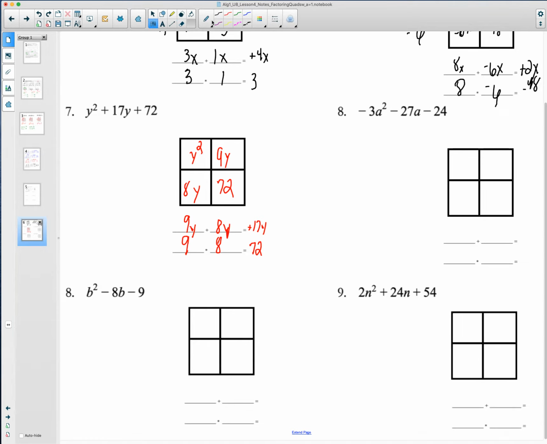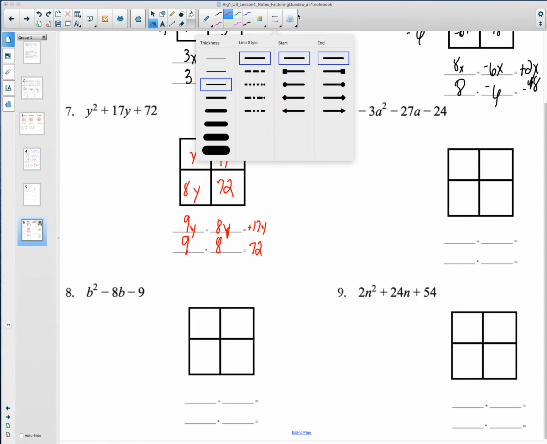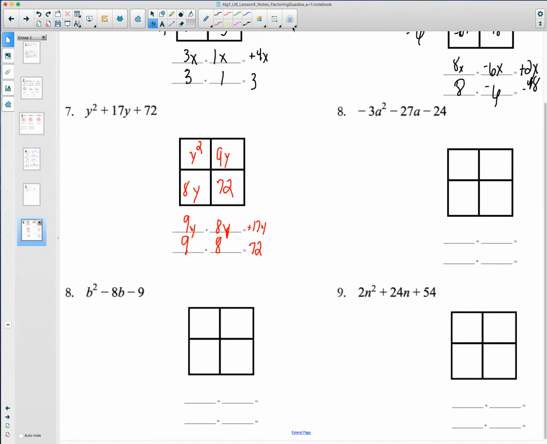Okay, and now we can start looking at our GCFs in that first column. And you notice that you're probably seeing a pattern that most of the time right now, that GCF in this first column is 1y, and that's mainly because our A value was 1 to begin with. In our second column here, our GCF would have been a positive 9. First row, once again, we get that 1y.